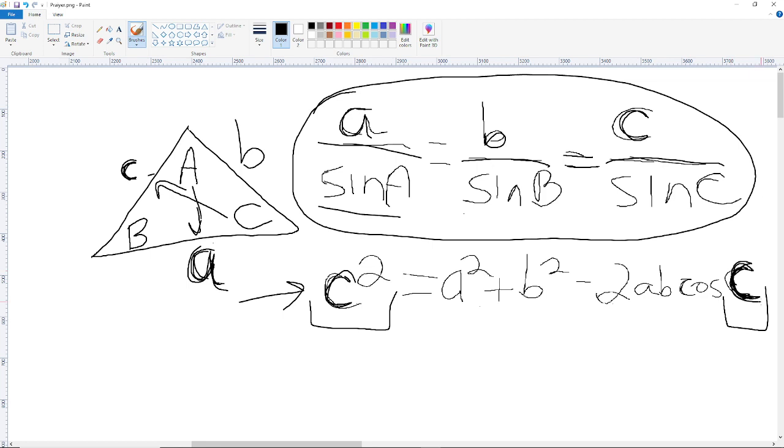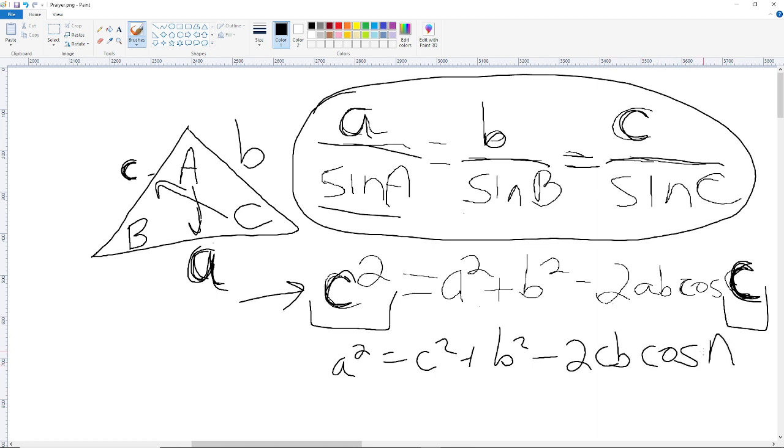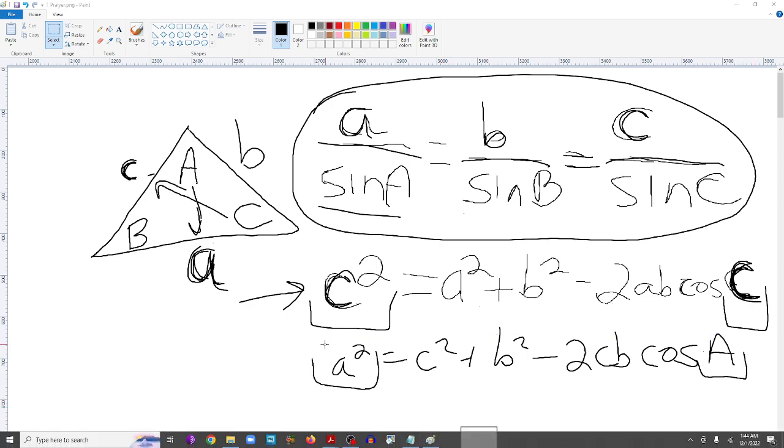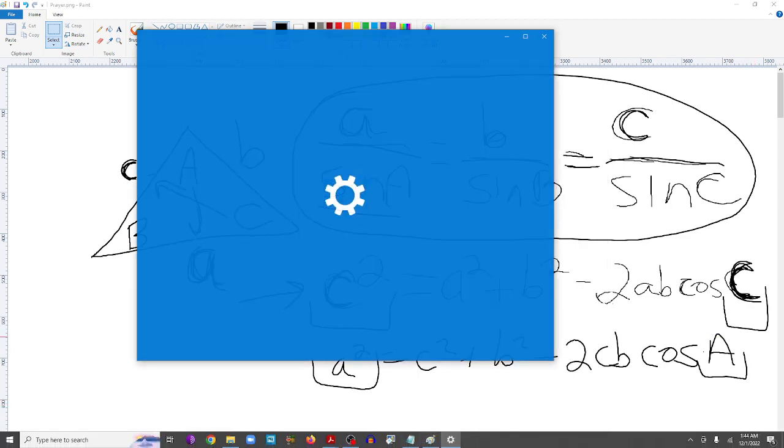So you can write this, you can say a squared equals c squared plus b squared minus 2cb cosine A. Notice again, the thing on the left side, the side that's squared, is opposite the angle you're taking the cosine of. That's the law of cosines. You can draw it one way and just say, okay, that side or that angle are always going to be the one thing we're looking for.